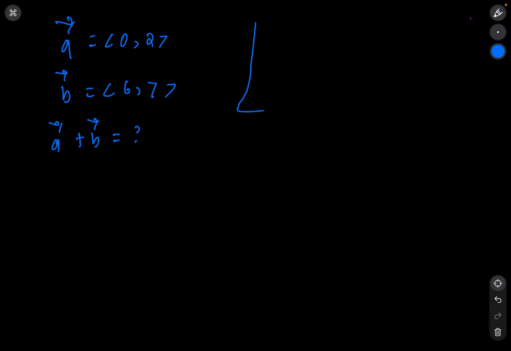So what you would do is you would draw your x and y axis. And from here you would graph out A, which in this is just 0, 2. So we go 0 to the x, then we go 2 to here. So this is your vector. And then 6, 7, let's just say this is 6 and this is 7. Your vector would be here.